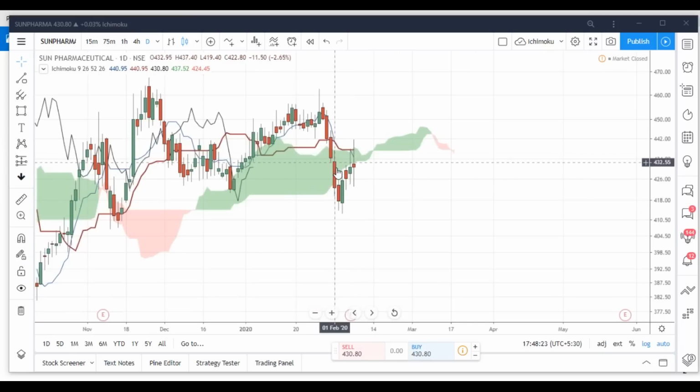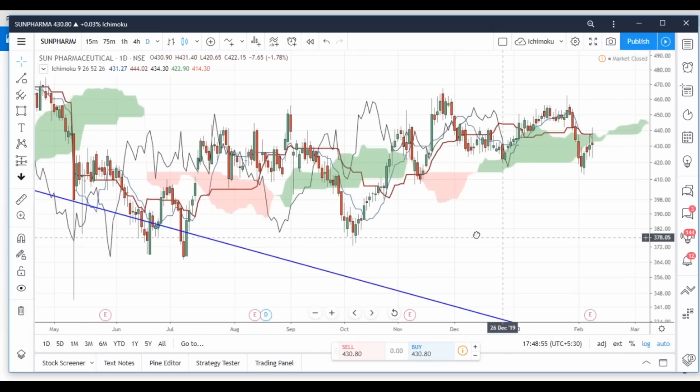One can see a candle closed below the cloud, but the Chikou is still within the cloud. So it is a bearish trend, but not a strong one. The cloud thickness is also not much. So Sun Pharma is in a mild bearish trend.